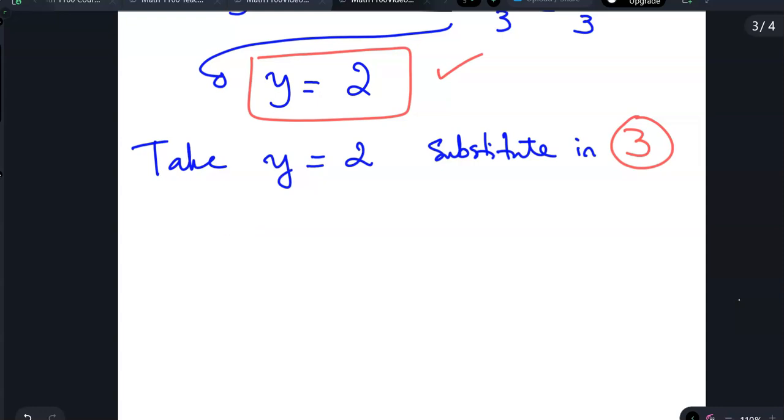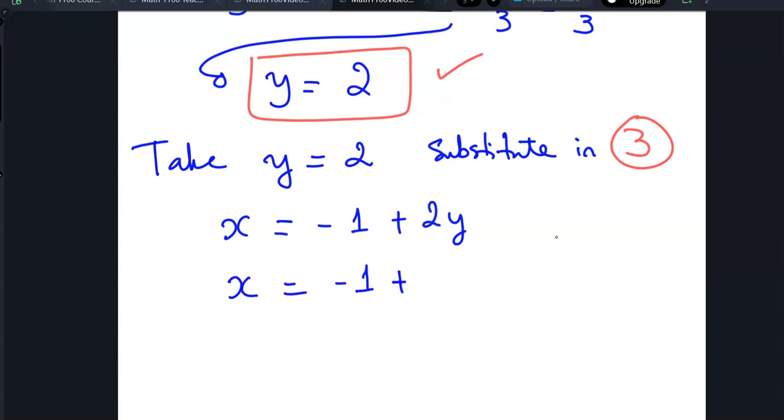Where the y is, you substitute 2 into here. 2 times 2, so in this case I will have minus 1 plus 4.